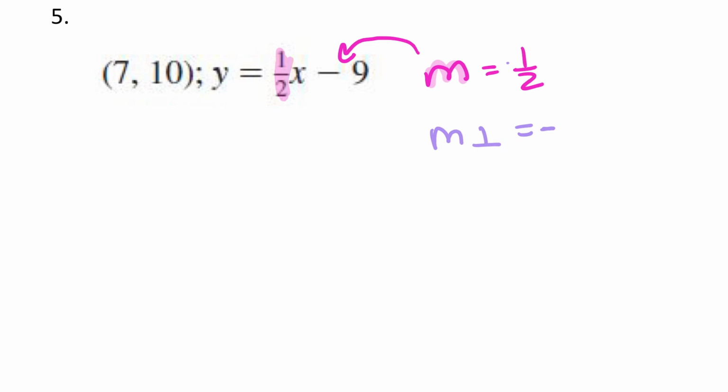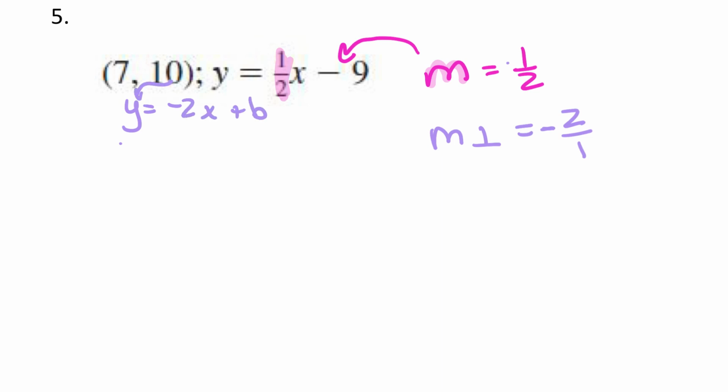And then we're going to flip it upside down. So instead of 1 over 2, it's going to be 2 over 1. In doing so, now I can write my generic equation. Y is equal to negative 2x plus b.